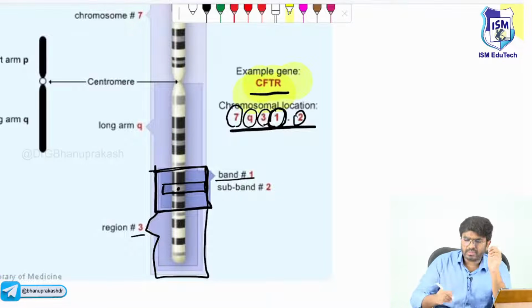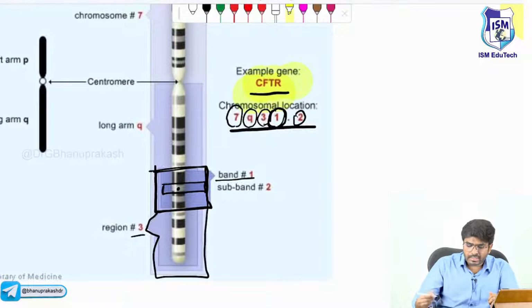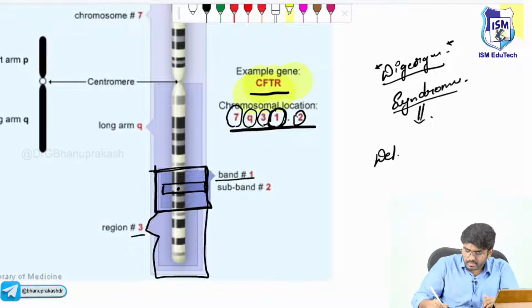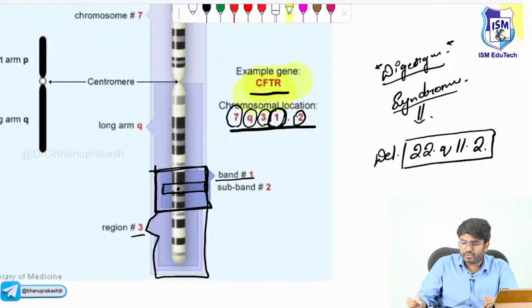They might give you, for example, a syndrome called DiGeorge syndrome. There is a famous question: there is a deletion of genes in 22q11.2. So there is deletion of genes from chromosome 22q11.2.